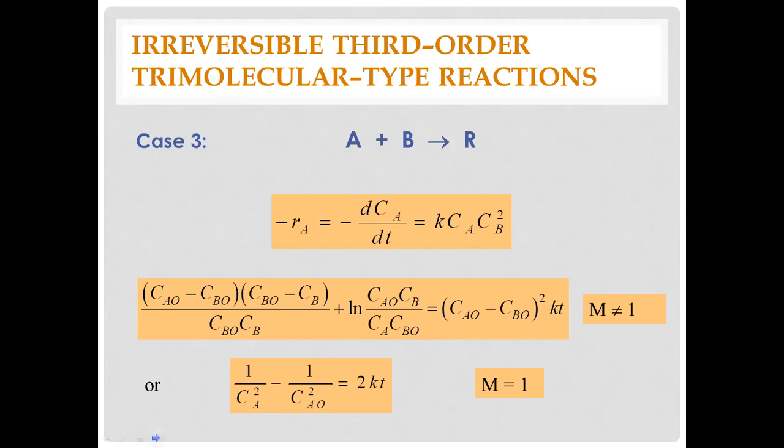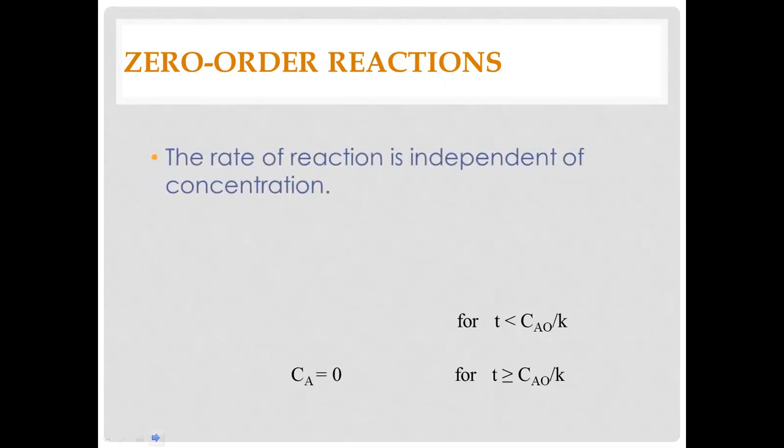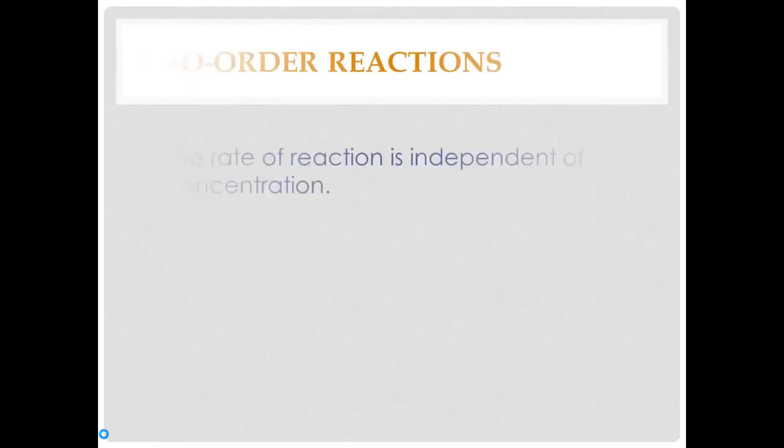Okay, so where were we? So that's the third type, the first, the second, and the third order reactions. But we also have zero order reactions. So these are reactions in which your rate of reaction is independent of concentration. If you recall our discussion in the previous types of reaction wherein if the concentration of a particular species is so large that it does not change over time, the rate is dependent on the other two.